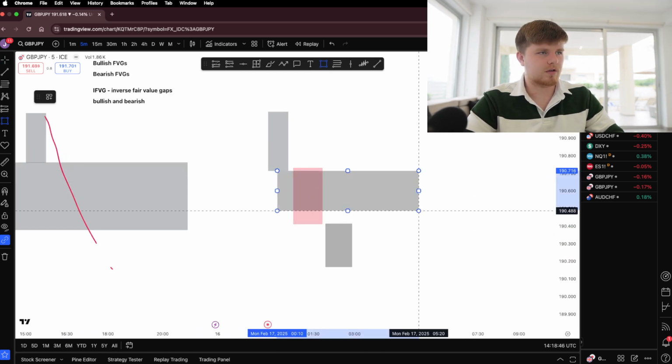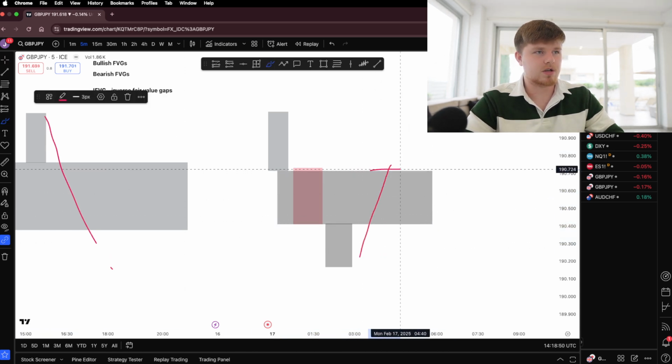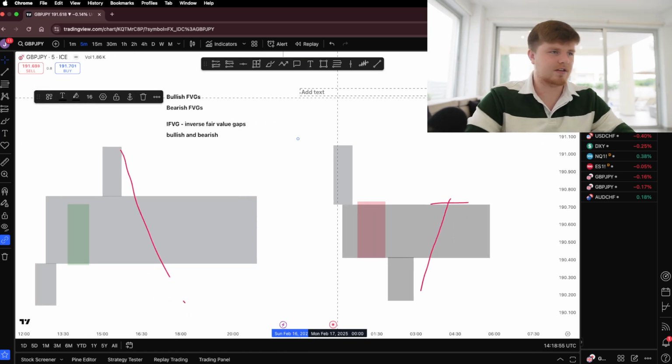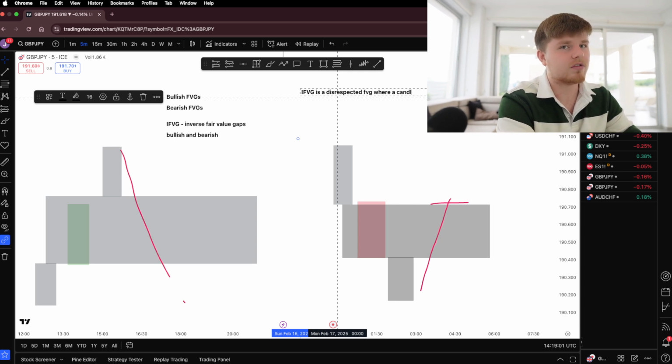Let me just draw this out. We simply just need a bullish candle to close above it like this, and then it's disrespected. That's what an IFVG is. An IFVG is a disrespected fair value gap where a candle has closed outside of the fair value gap.